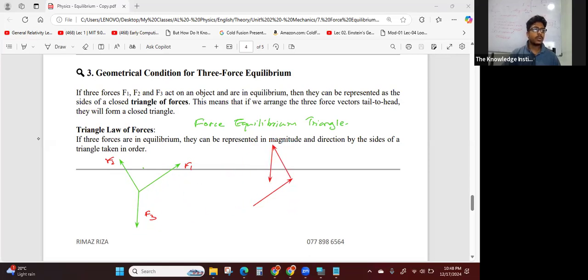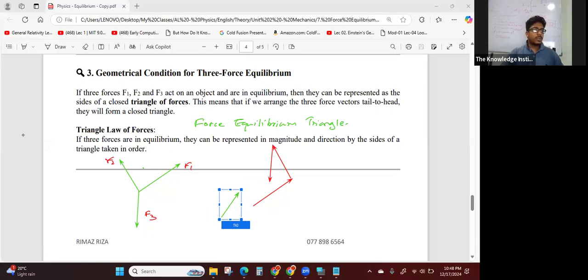According to the polygon law of vector addition, the resultant is given by this. So according to this diagram, this is not in equilibrium. If it's in equilibrium, we can make a triangle. This does not make a triangle. Therefore, there is a non-balance, so there will be an unbalanced resultant force.